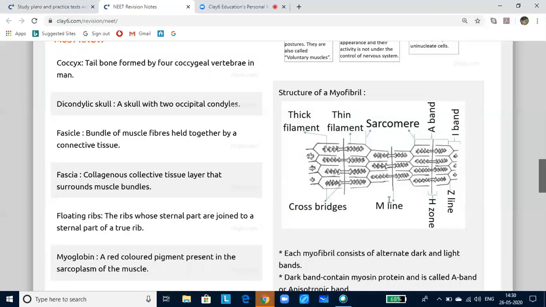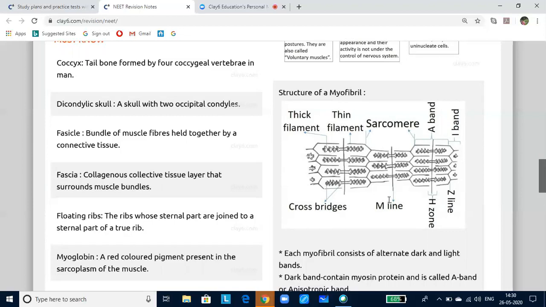Actin filaments are thinner as compared to myosin filaments, hence they are also called thin and thick filaments respectively. The thin filaments are firmly attached to the Z line in the center. The A and the I bands are arranged alternately throughout the length of the myofibrils. The portion of the myofibril between two successive Z lines is considered as the functional unit of contraction and it is called a sarcomere.